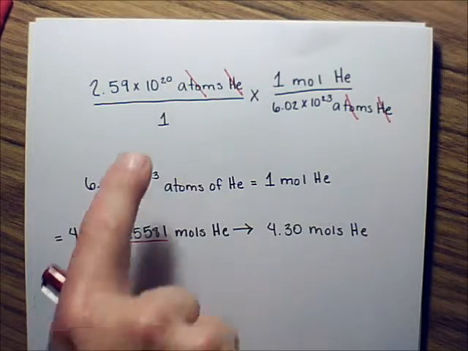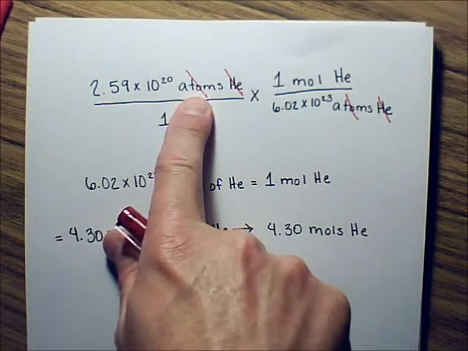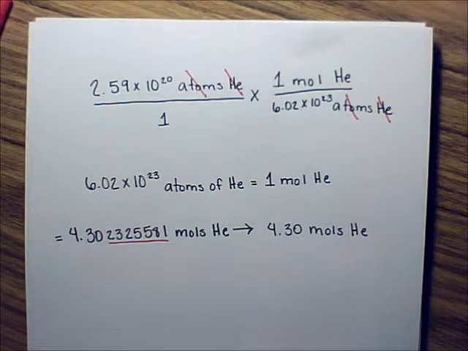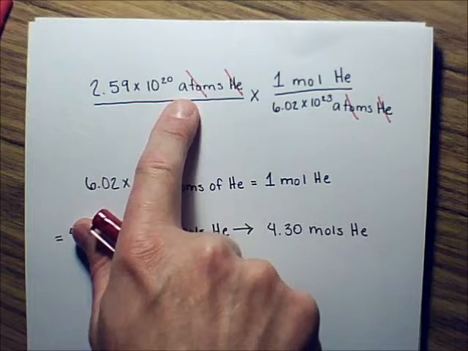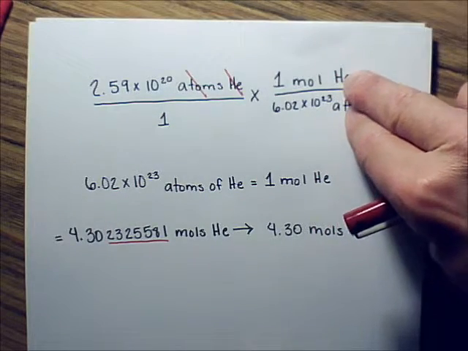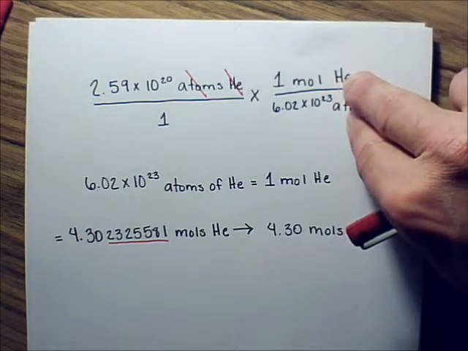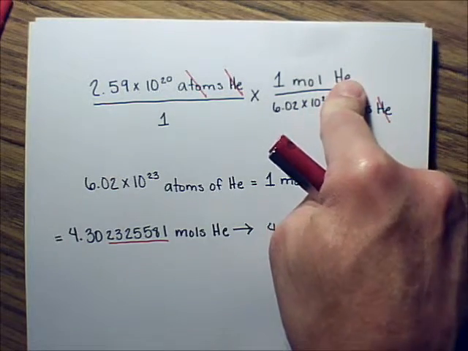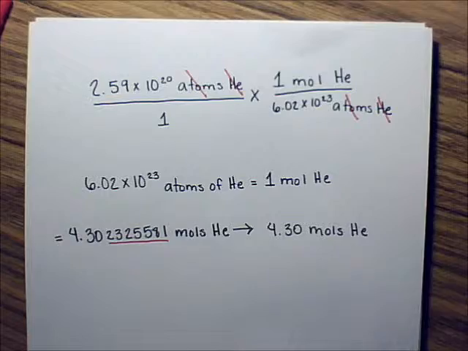Well, in that case, we're not starting with the number of particles. Atoms are one of the particles we can talk about here. We're starting with how many moles. So, in that case, this conversion unit will be reversed. The moles will be on the bottom, and the molecules will be on the top in that particular case.